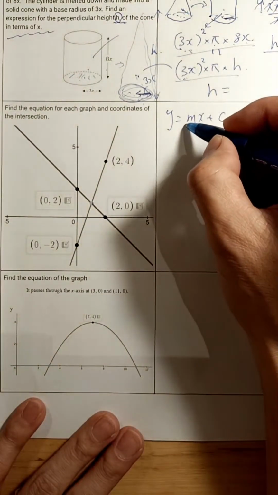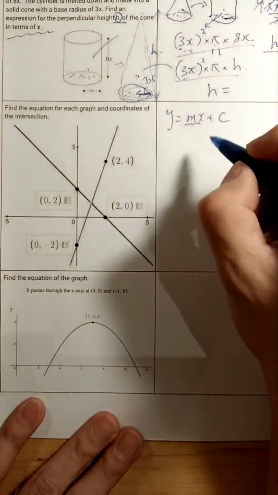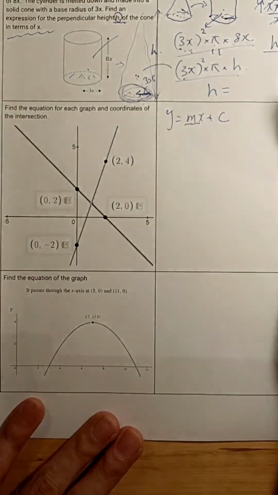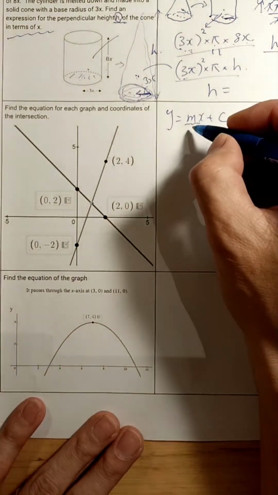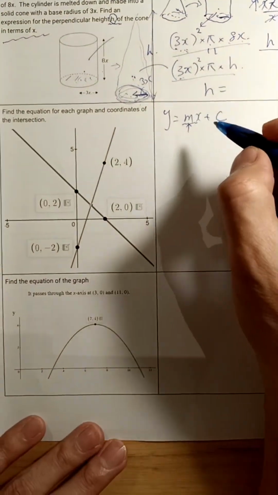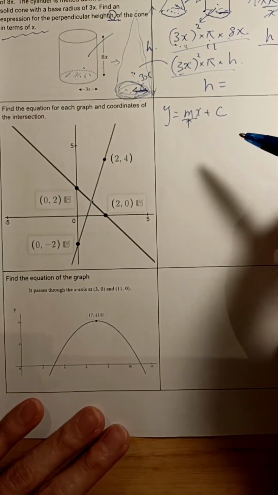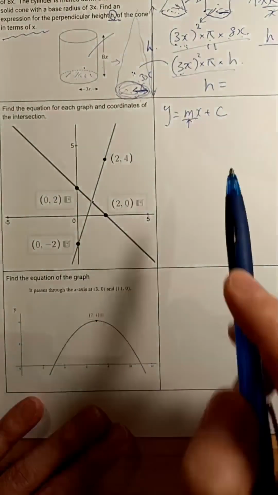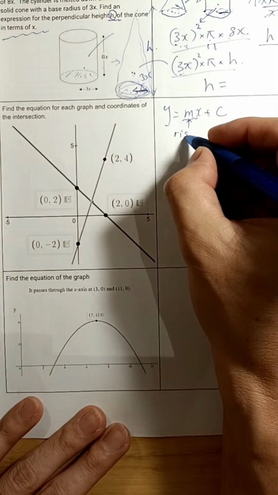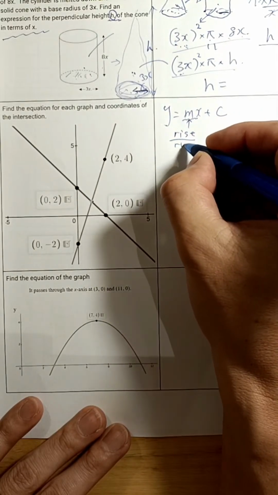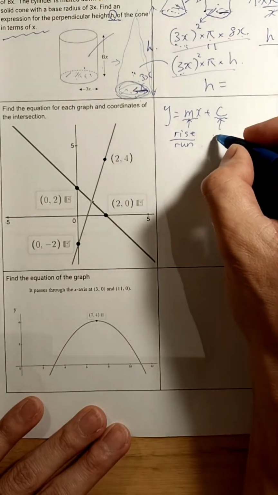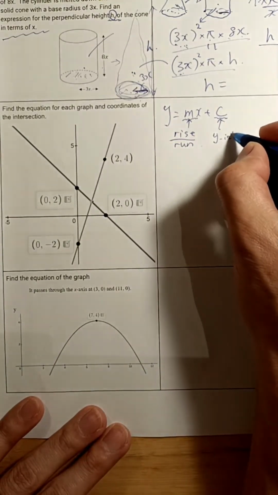M is the gradient in New Zealand, steepness or slope if you are in the US, a different way of saying that. But anyway, the number which fits here is the rise on run, and then the number which fits here is the y-intercept.